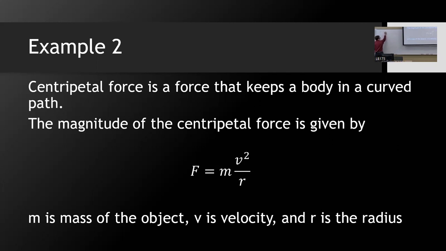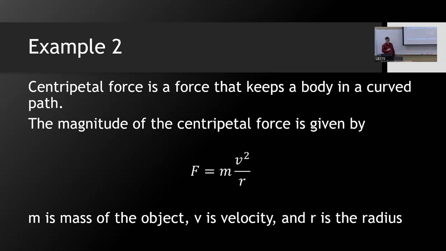M is the mass of the object that's moving around. V is the velocity of the object. And r is the radius that it's going around, right? So it keeps the body in a curved path.